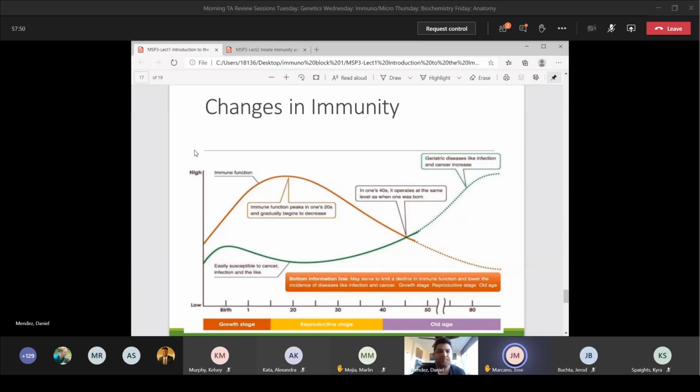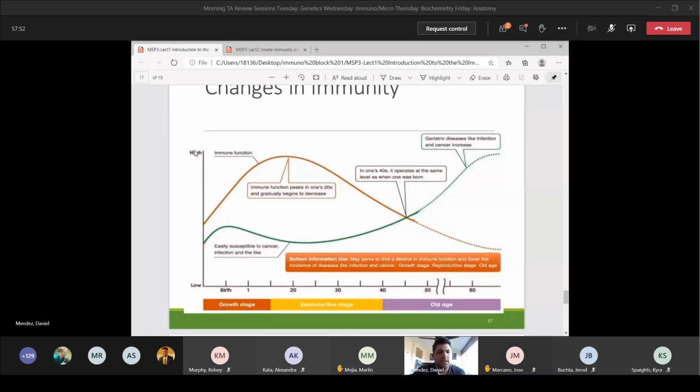No problem. So, changes in immunity. Question? Yep, go ahead. When you talk about immunosuppression and congenital being MHC2, will you go a little bit into that? Yes, we'll go into that later in the third lecture.